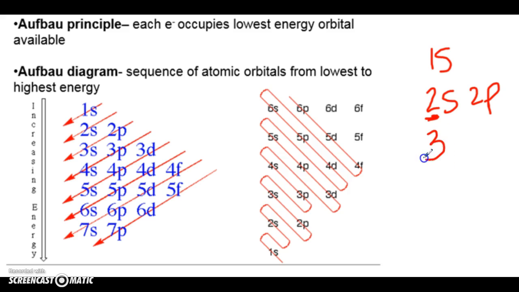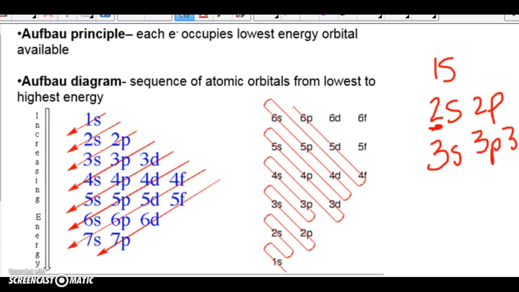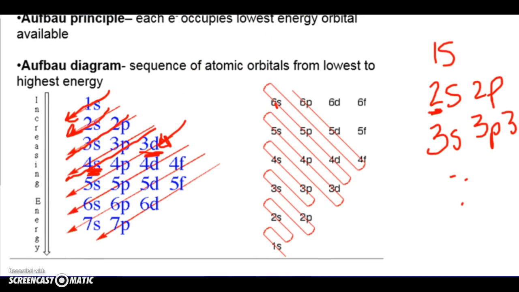When we have a 3, we can have 3 different sublevels, s, p, and d, and so on. So you just keep writing. Then we fill 1s, 2s, 2p, 3s, 3p, 4s, 3d. 3d is higher energy than 4s. So this is an easy way: you just remember how to draw the chart. You start the test, draw the chart real quick, and then you can follow along the chart when you're doing your electron configuration.